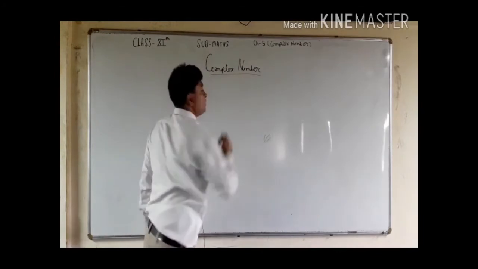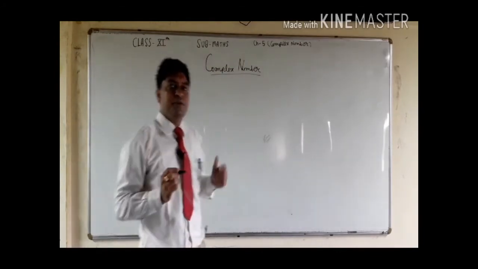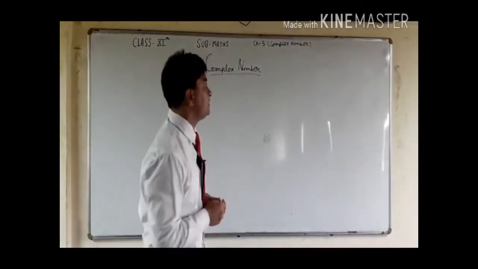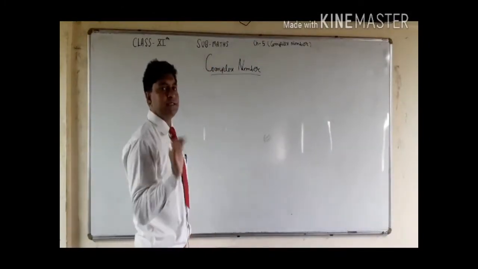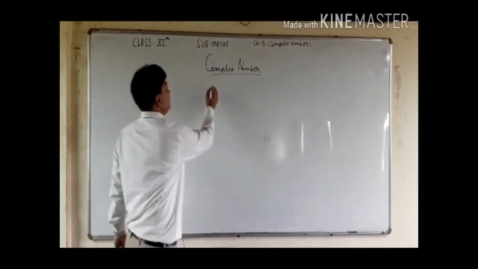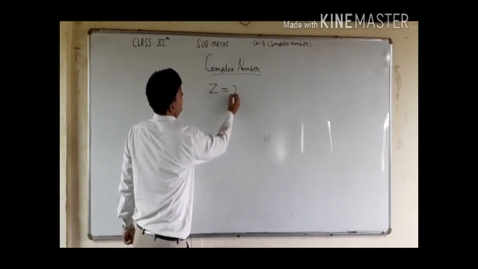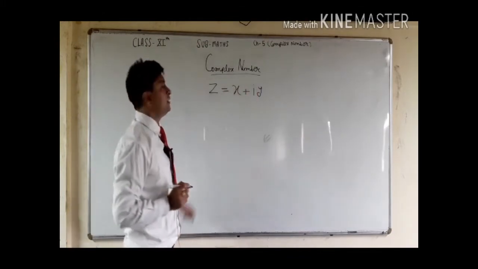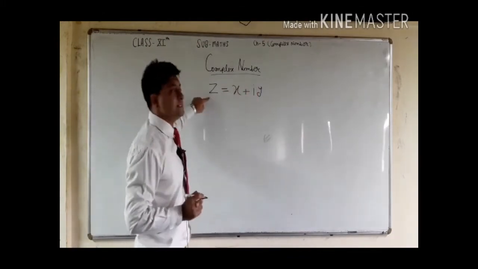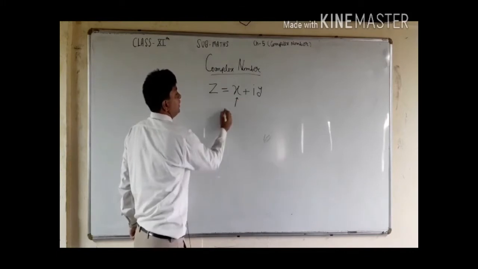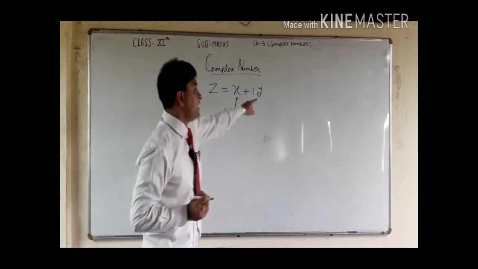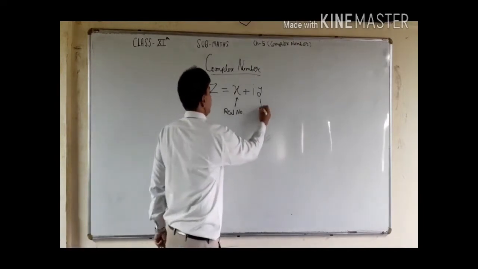In complex numbers, we have a small definition. The definition is: if the number is in the form z equal to x plus iota y, then we call z a complex number, where x is the real number and y is the imaginary number.